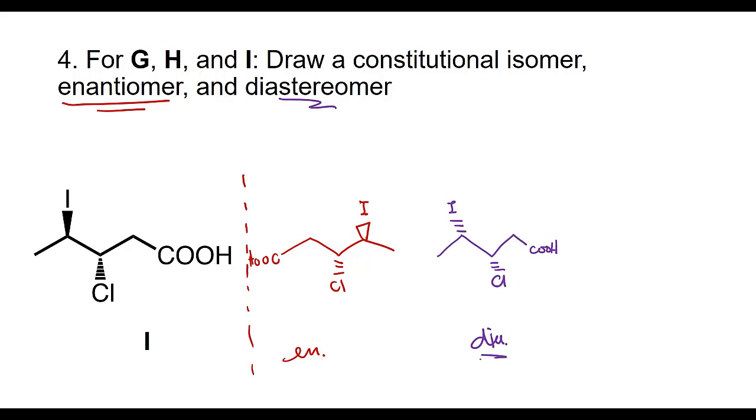Okay. And now I'm going to do constitutional isomer, and this one's the fun one. So let's do blue. I like blue. My constitutional isomer is going to be blue. All right, so now I am going to do some reconstruction. Let me do this. This is a constitutional isomer.